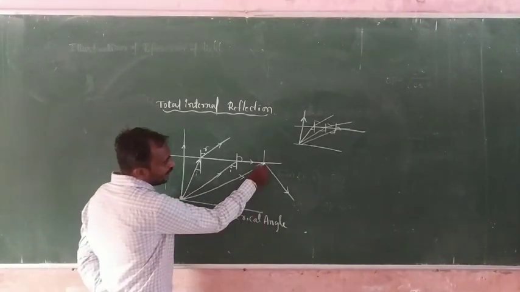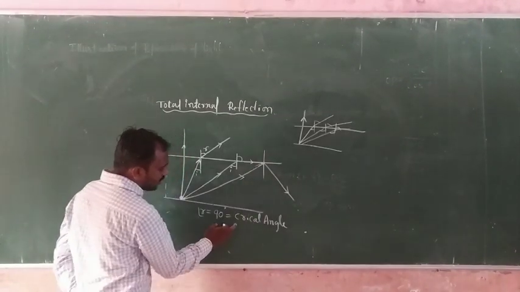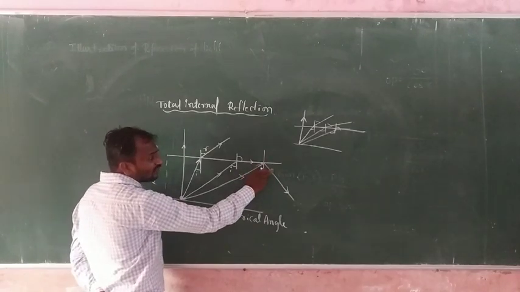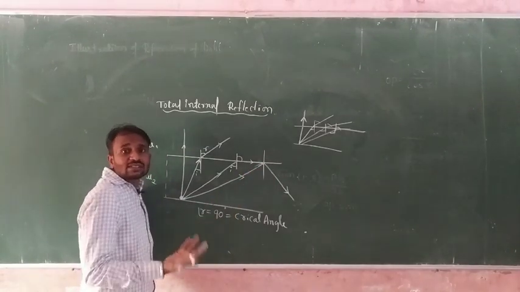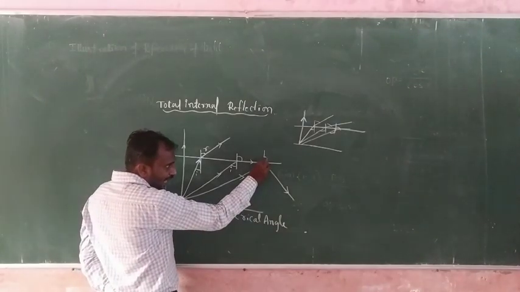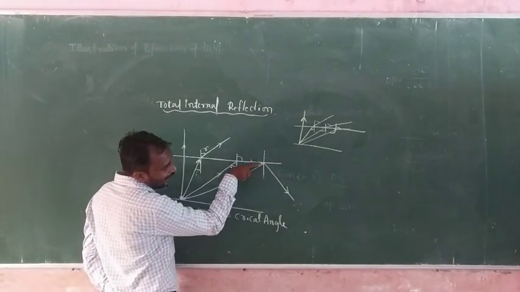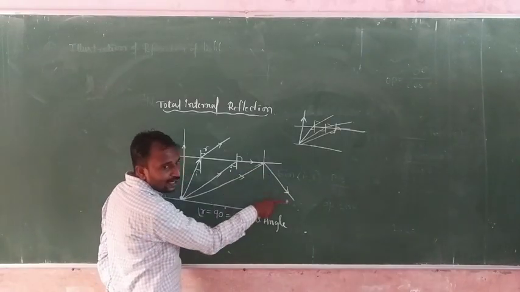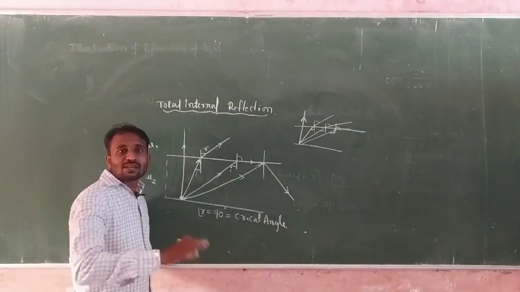Yes, in total internal reflection, the angle of incidence is greater than the critical angle. If this angle is greater than the critical angle, then only this light ray comes back to the same media.